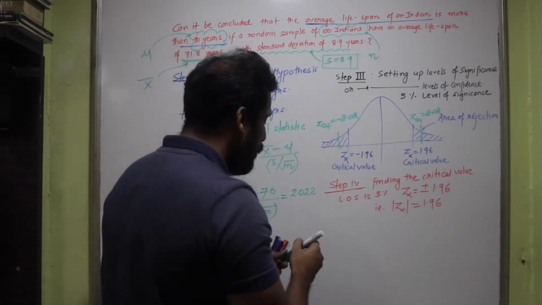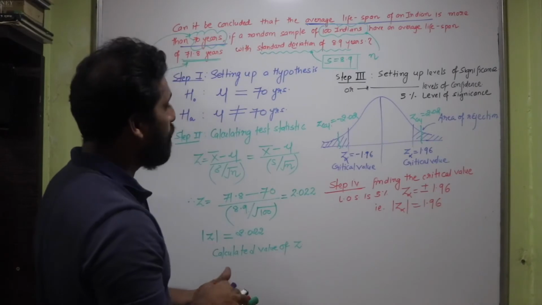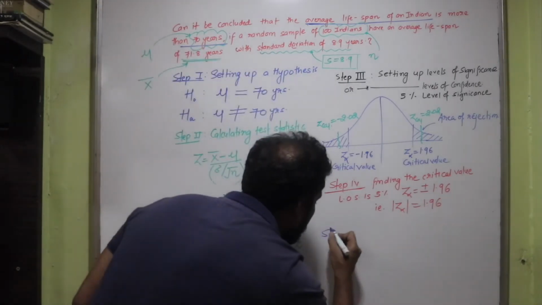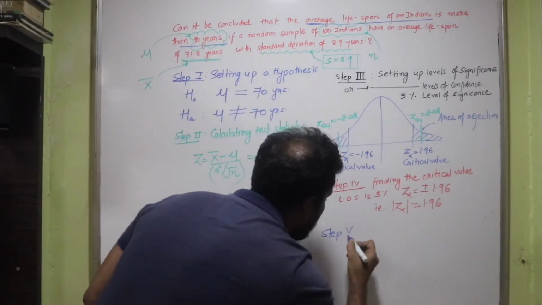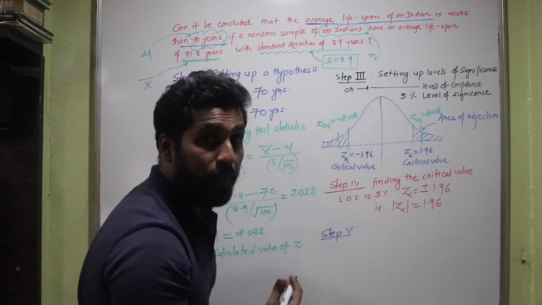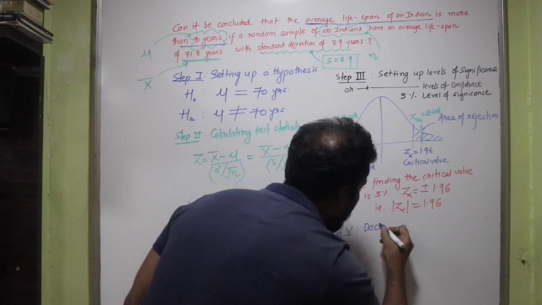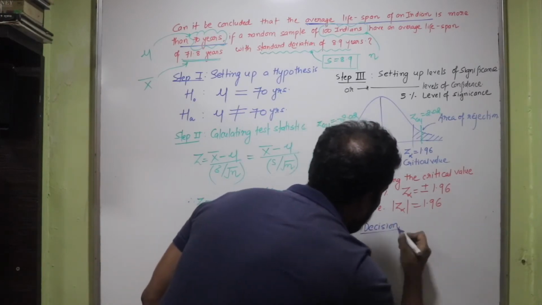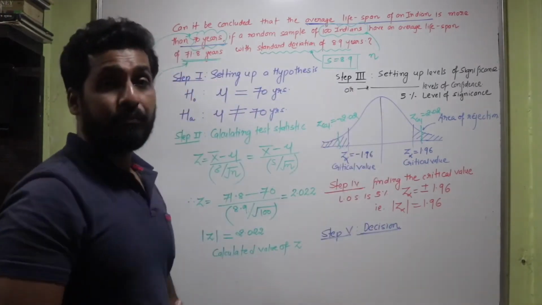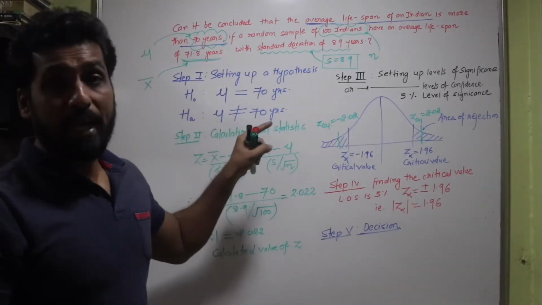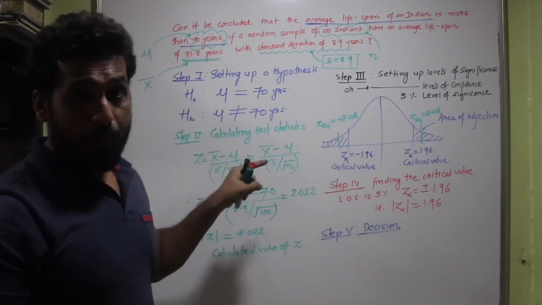So that is your step 5, students. Step 5 is taking the decision, decision making. So I'm going to decide whether the null hypothesis must be accepted or the alternative hypothesis must be accepted.